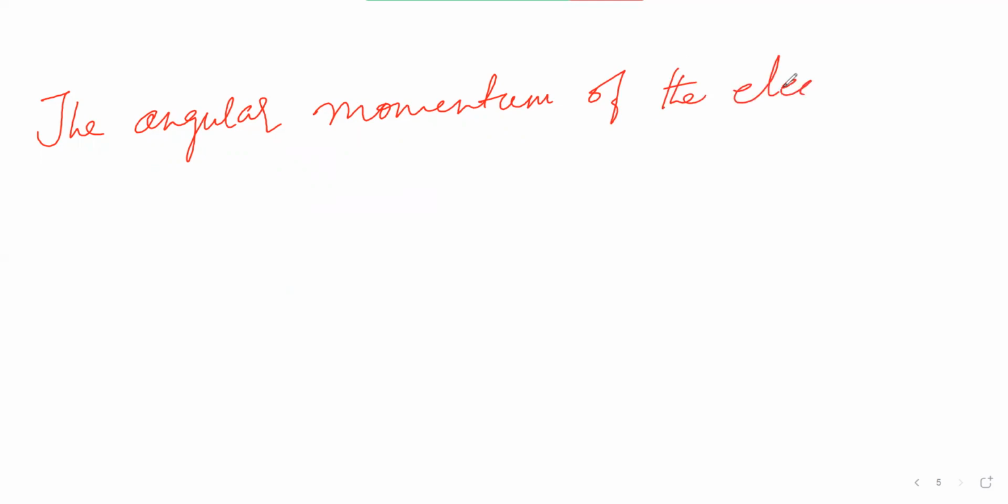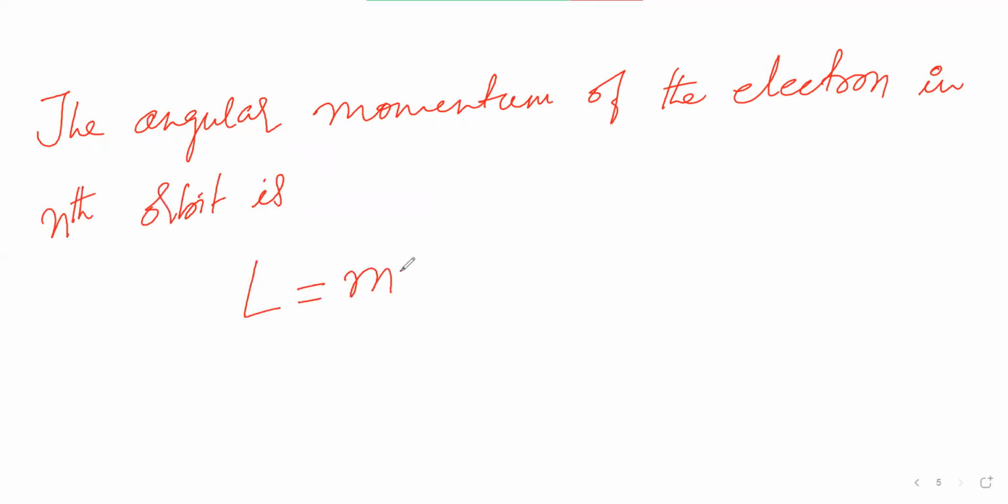We'll call it equation number 3. Next, the angular momentum of the electron in the nth orbit is L equals mvr, which is equal to nh divided by 2 pi.